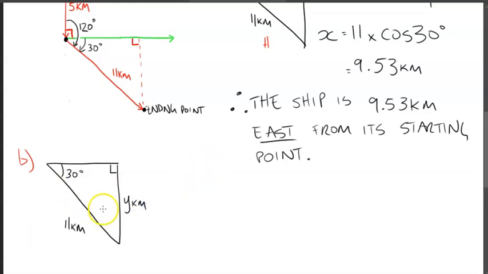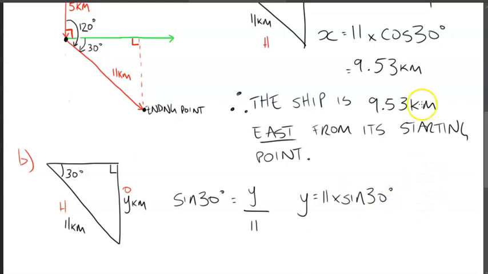We can fill out that this is again our hypotenuse and this is our opposite, so we're using sine, so SOH. So our sine of 30 degrees is equal to opposite y over 11, or in other words, y is equal to 11 times sine 30 degrees.